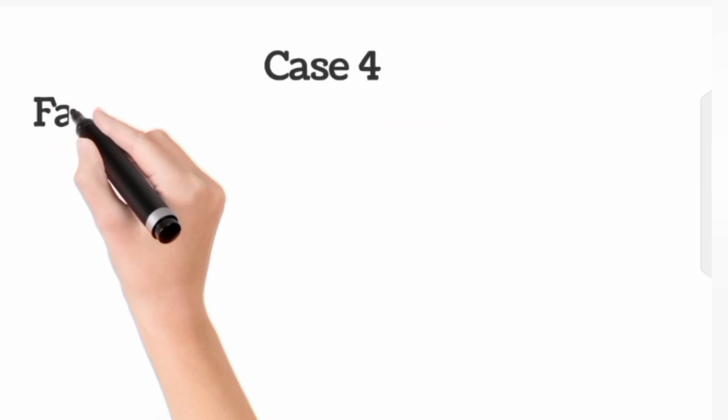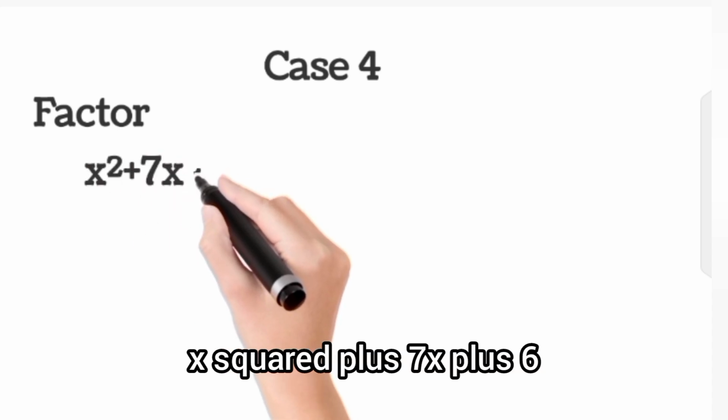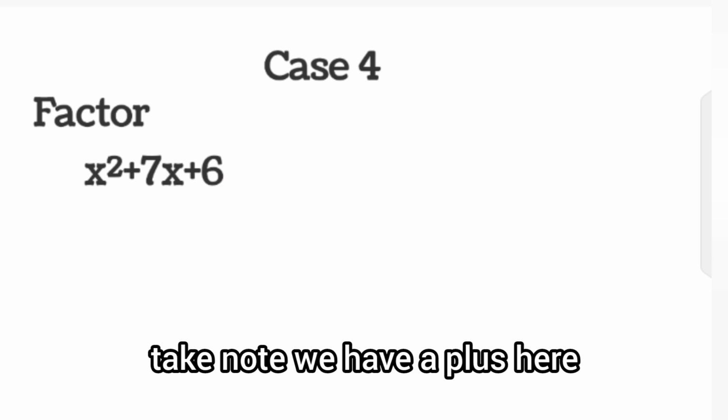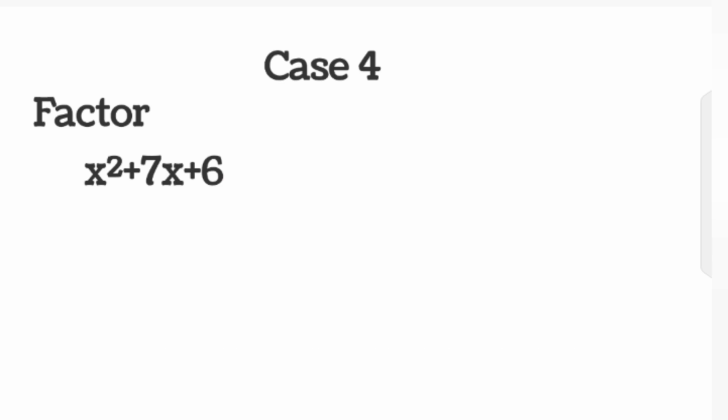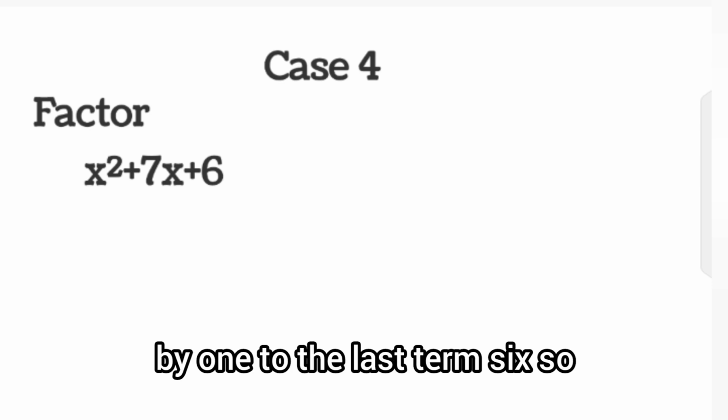Case number 4, factor x squared plus 7x plus 6. Take note, we have a plus here. And the middle term is 7. Take note that the middle term is 7, higher by 1 to the last term 6.